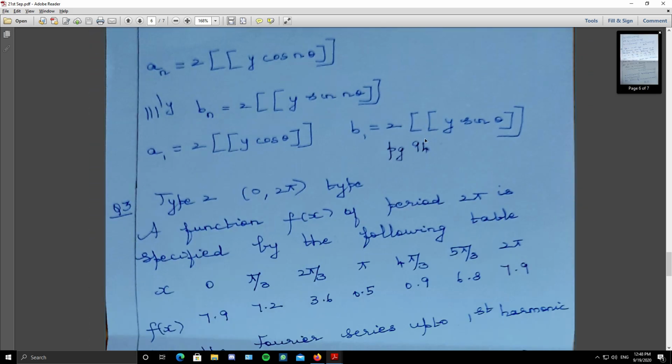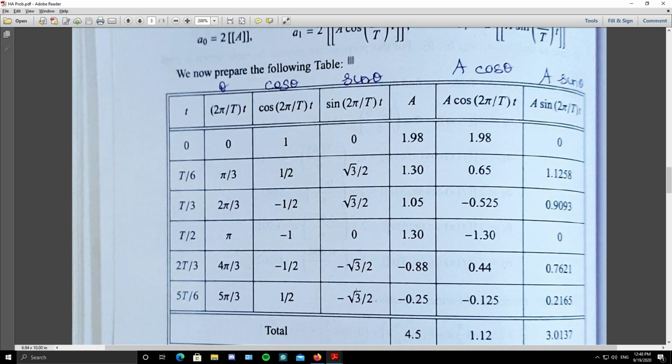Here you have theta, and you need only the first harmonic. So cos theta, sin theta, and capital A is y. So capital A or y, A cos theta, A sin theta. This is f of x or y.